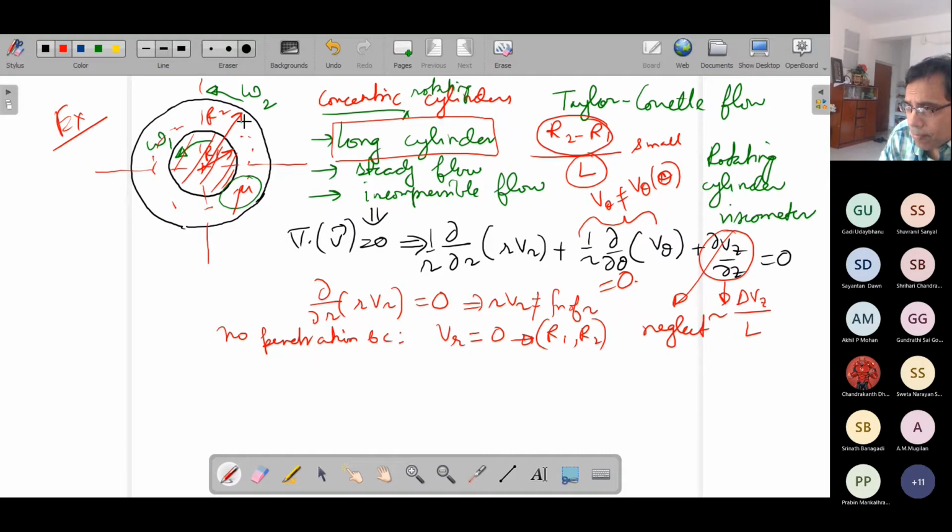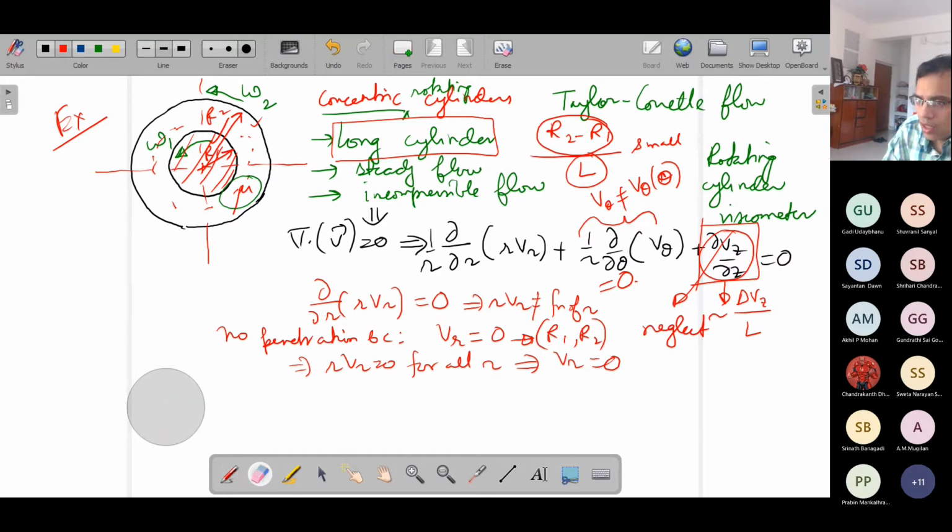At both R1 and R2, the surfaces of the inner and outer cylinder, because of no penetration, the velocity is 0. That means R into VR is 0 for all R, and to generalize it, you must have VR equal to 0. That is the conclusion. The conclusion is the same, but the logic is different from the fully developed flow logic. In fully developed flow, this was identically equal to 0. Here, this is approximately 0 for a long cylinder approximation.